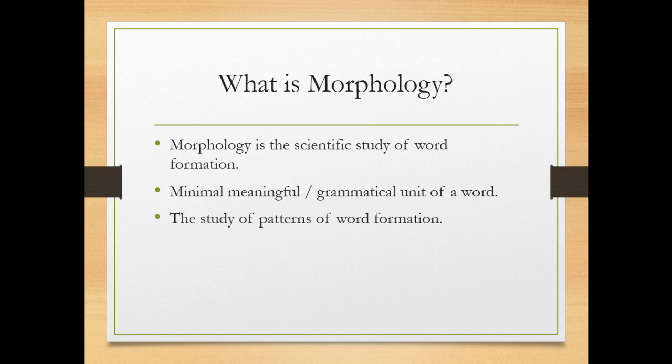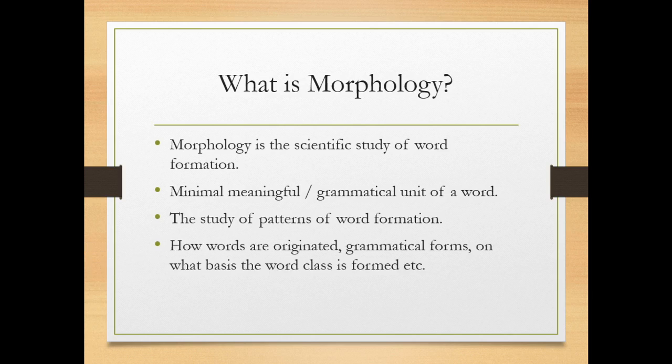It also studies the patterns of word formation processes. It also studies how words are originated, how grammatical forms are identified and combined with other morphemes, and on what basis the word class is formed.